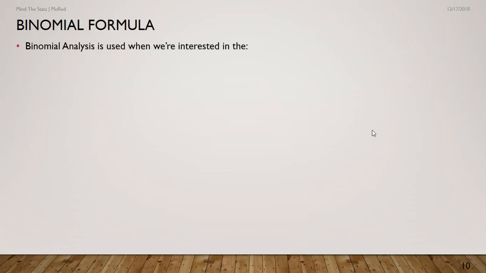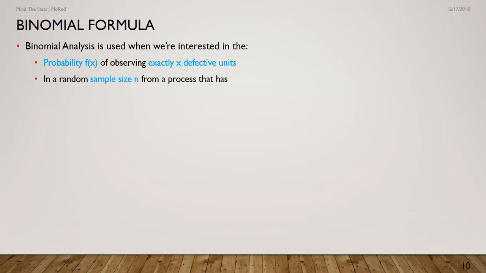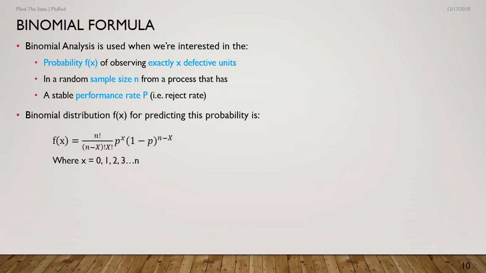I think you should know by now that the binomial analysis can be used to calculate the probability of finding exactly X number of events in a number of trials of size n when the probability of failure is known to be equal to p. The formula looks like this, with factorials in the numerator and denominator. A special simple form of it is when x is equal to 0.